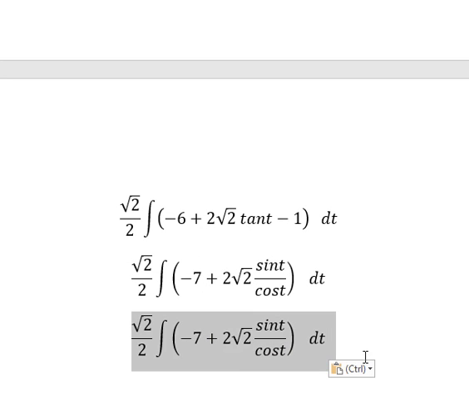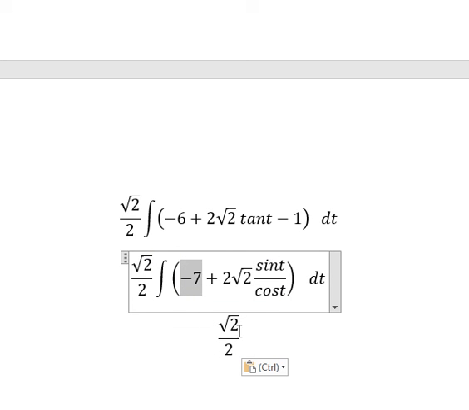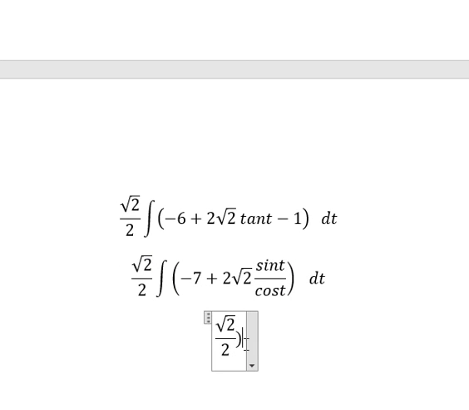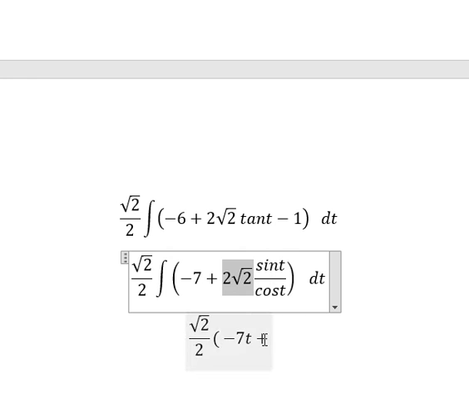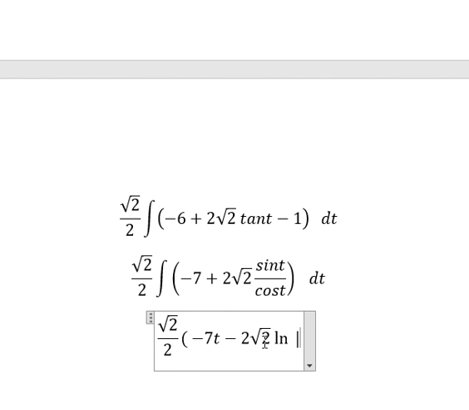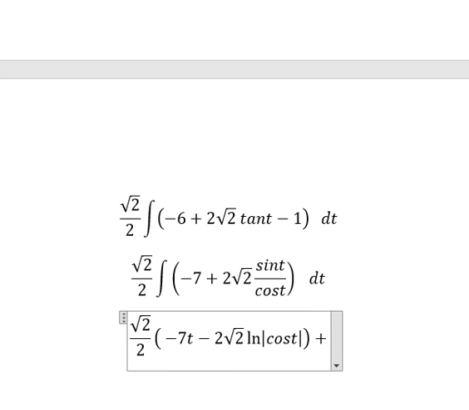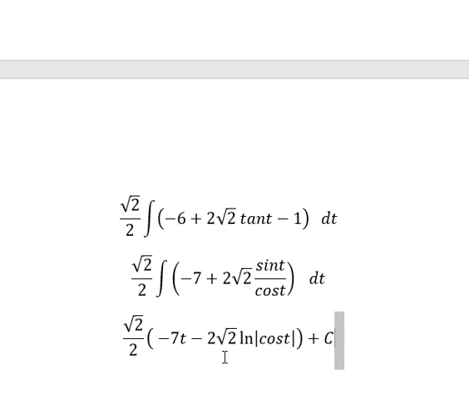And now we have the final answer. The integration of negative 7, we have negative 7t. This one is negative ln of the absolute value of cosine t. And I will put C.